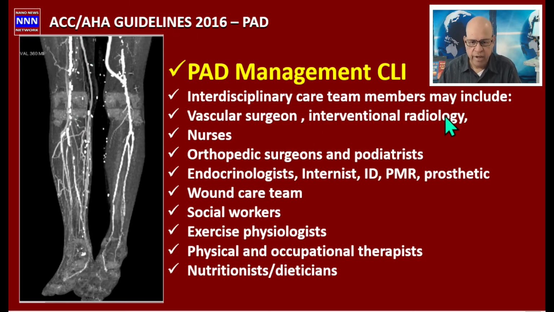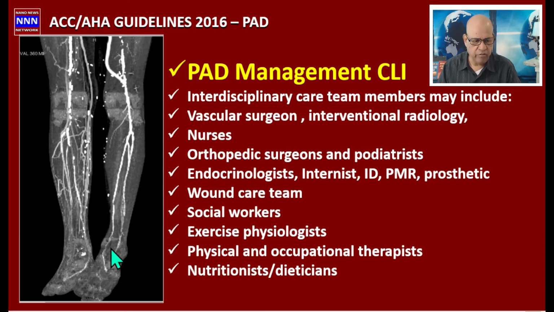An interventional radiologist or an interventional cardiologist can do stent placement, or even a surgeon can do stent placements to improve the circulation. We need nurses who are trained in managing patients with peripheral arterial disease, looking for pulses, looking for skin discolorations, and all the other things we talked about in chronic limb ischemia.